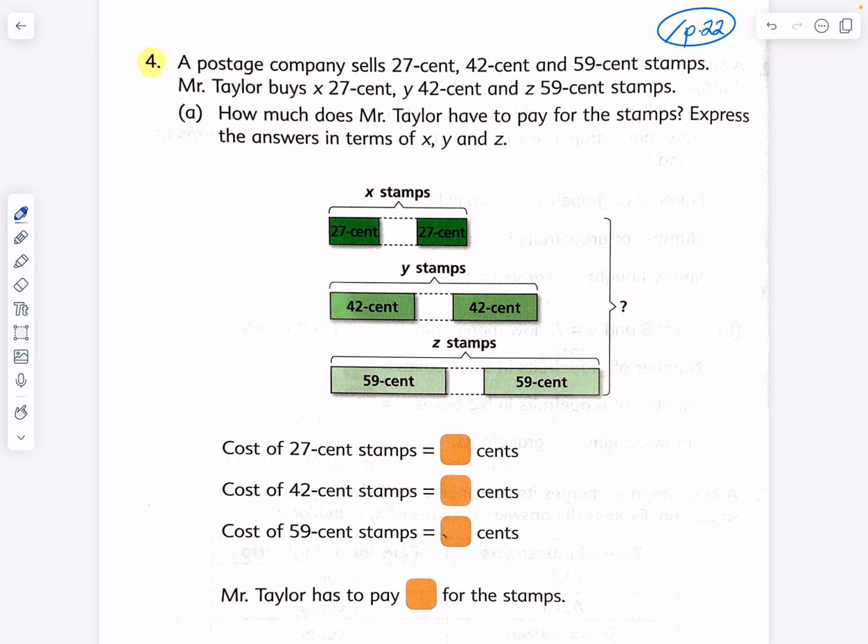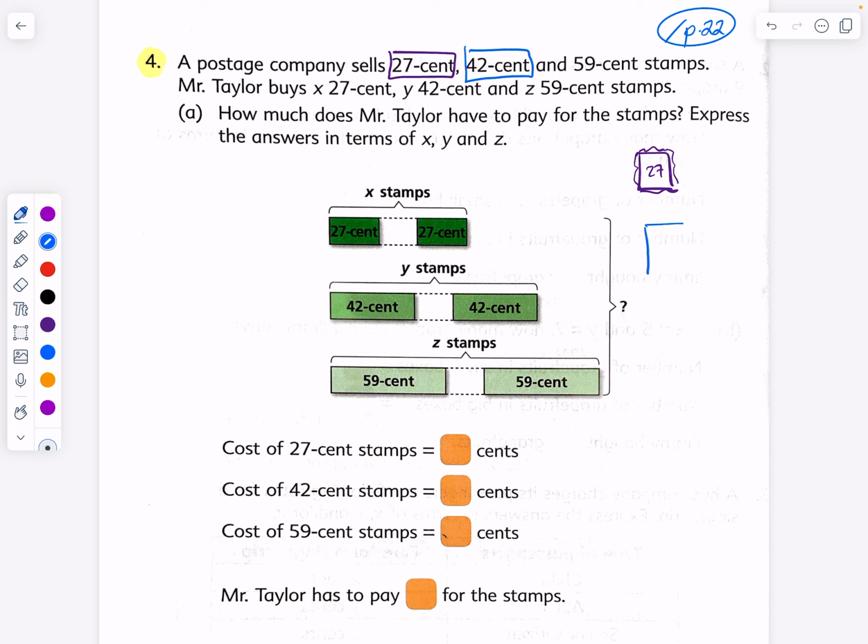A postage company sells 27-cent, 42-cent, and 59-cent stamps. So what is the problem talking about? We are talking about slightly cheaper stamps, right? Let's write them like this. Smaller ones, 27. Imagine these are like little stamps. And then, of course, medium price stamps, 42-cent stamps.